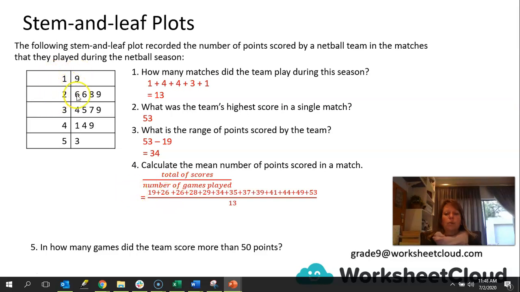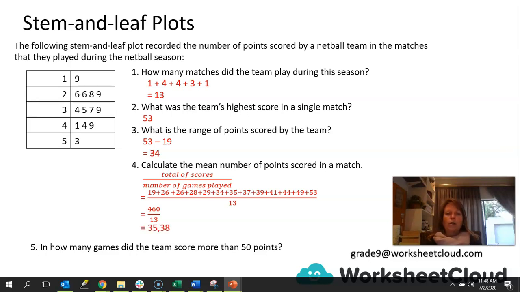So it's 19 plus 26 plus another 26, 28, 29, 34, 35, 37, 39, 41, 49, 44, 49, and 53. Add those all up and then divide them by the number of matches that were played, which we answered in our first question. So that gives us 460 divided by 13, and we get an answer of 35,38.